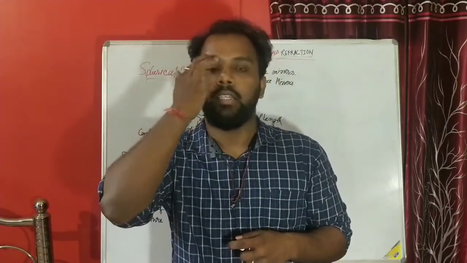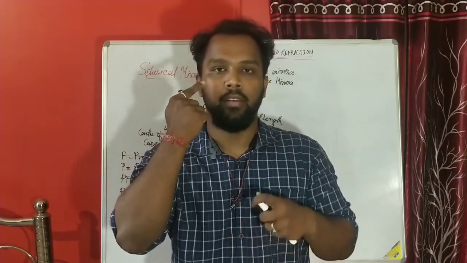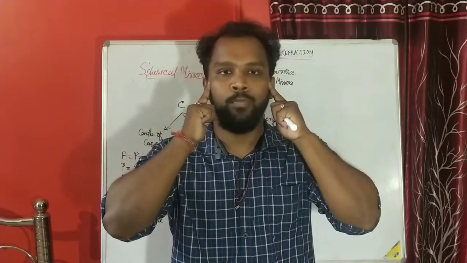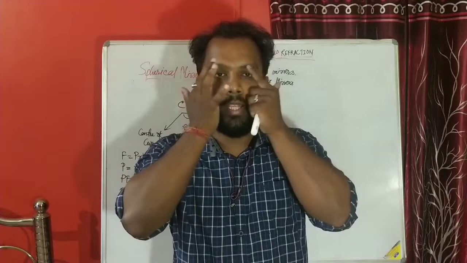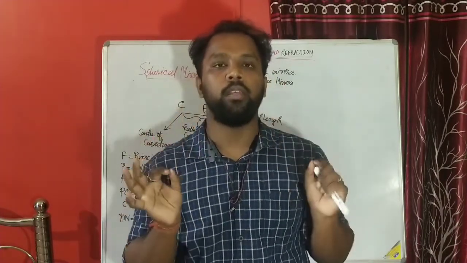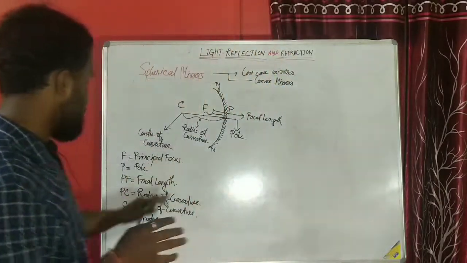In our eyes, this is the only portion exposed to light. My whole face is not an exposed part, only this is. So for my eyes, this portion is the aperture. Understood?